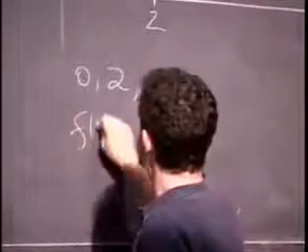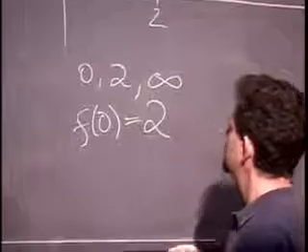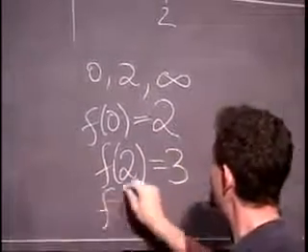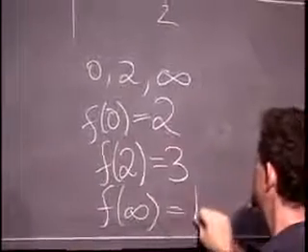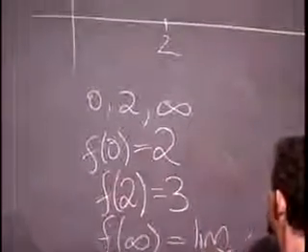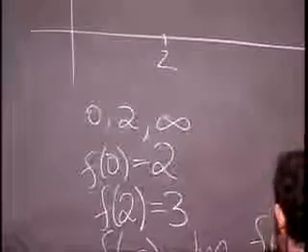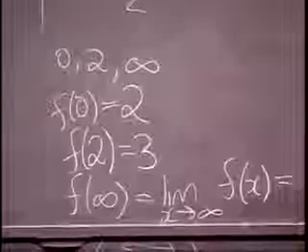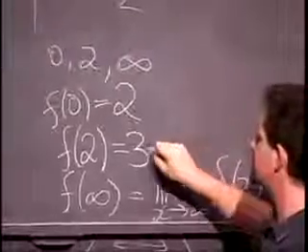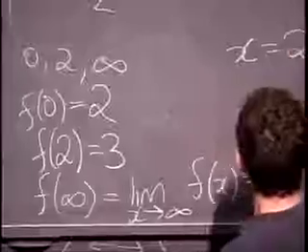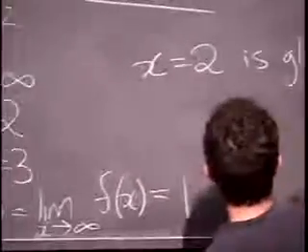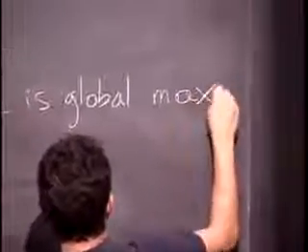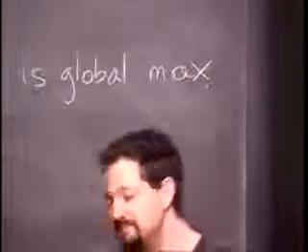This time f of 0 is 2, f of 2 is 3, and f of infinity, again, is 1, if you interpret it as a limit. So what's the biggest of these values? Well, this is the largest value at 3, so x equals 2 is still a global maximum. Question is, what is the global minimum?